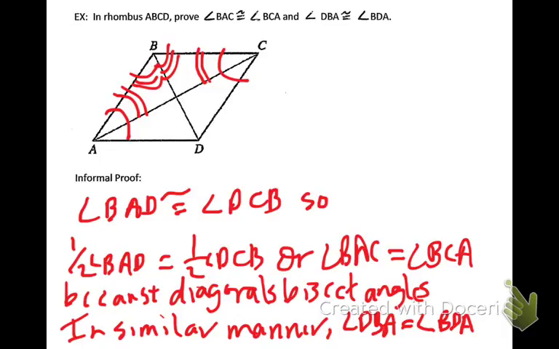They would also have the characteristics of a parallelogram: the diagonals bisect each other, opposite angles are congruent, diagonals form two congruent triangles, and so on. All right, that's the notes.